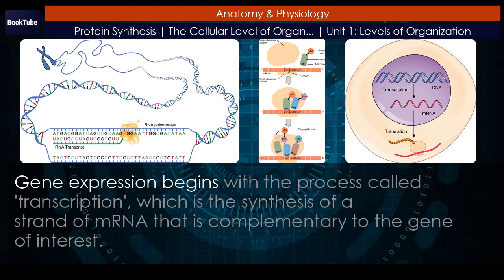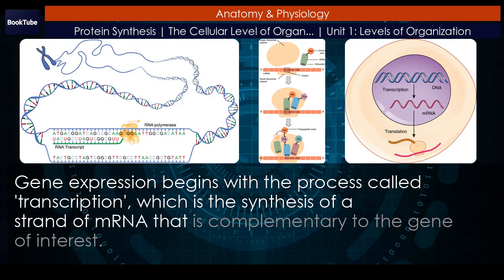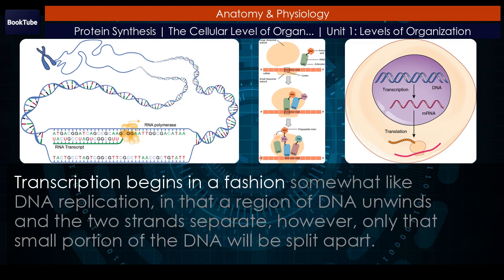Gene expression begins with the process called transcription, which is the synthesis of a strand of mRNA that is complementary to the gene of interest. This process is called transcription because the mRNA is like a transcript, or copy, of the gene's DNA code. Transcription begins in a fashion somewhat like DNA replication, in that a region of DNA unwinds and the two strands separate.